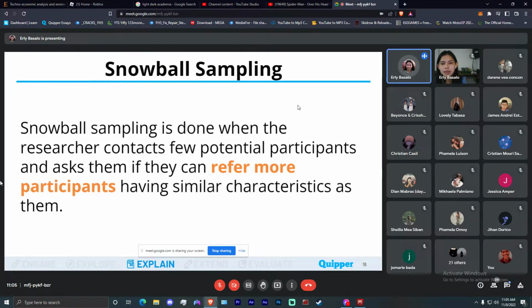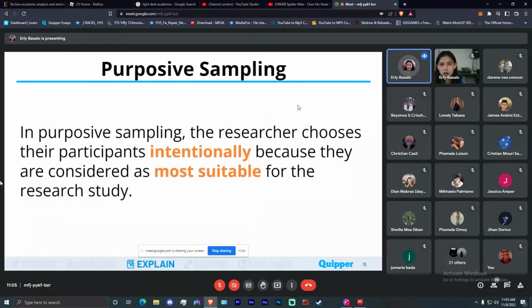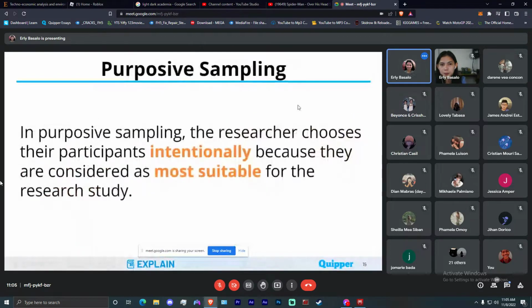Next, we have snowball sampling. It is done when the researcher contacts a few potential participants and asks them if they can refer more participants having similar characteristics as them. So those are the 4 types of non-probability sampling.